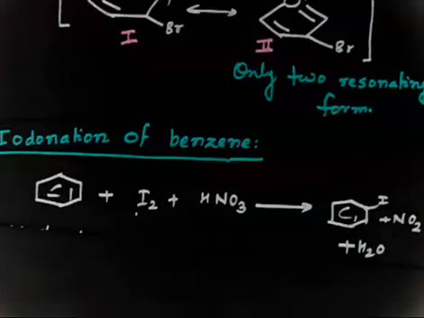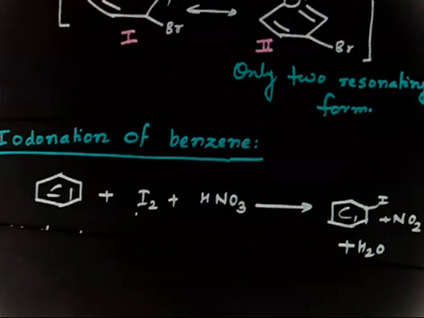If you remember, chlorination and bromination can be done using Cl2 and Fe. That is halogenation using Fe plus Cl2, Fe plus Br2. But fluorination and iodination cannot be done, for 2 reasons. Fluorination is too reactive and iodination is too unreactive.